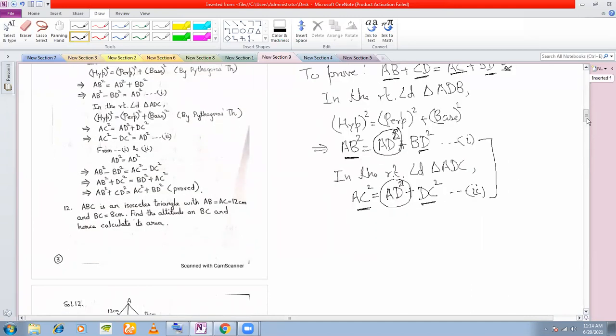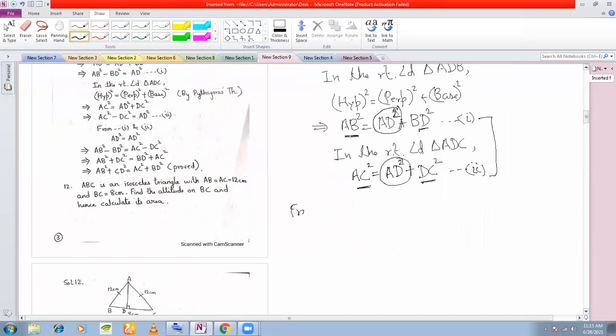So therefore, what you do is from 1, you find out the value of AD square. From 1, what is AD square? AB square minus BD square must be equal to AD square, isn't it? From 2, what can you say? From 2, you can say AC square minus DC square is equal to AD square.